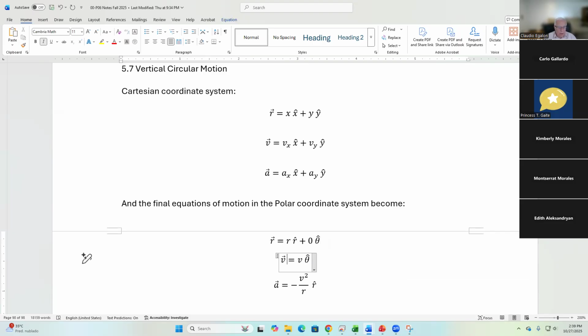Zero component here. And zero component here. I'm emphasizing that only.